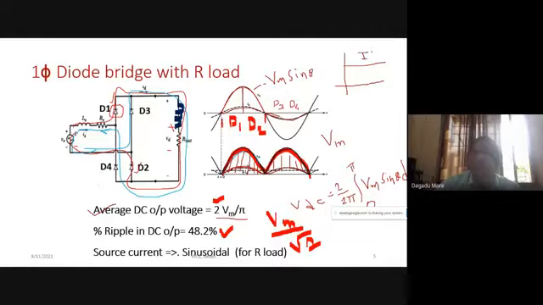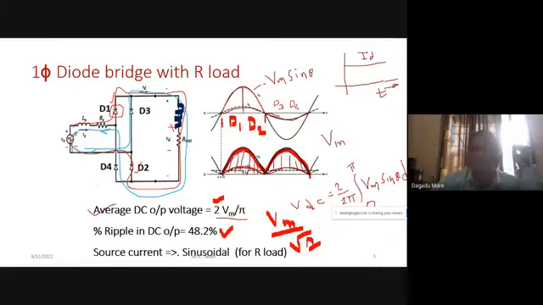Because of the inductor, our ID will be smooth and ripple free. If you put a large inductance with a resistance, the DC current with respect to time will become smooth and ripple free.